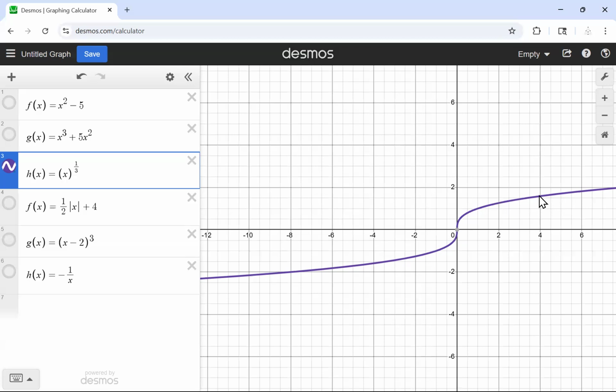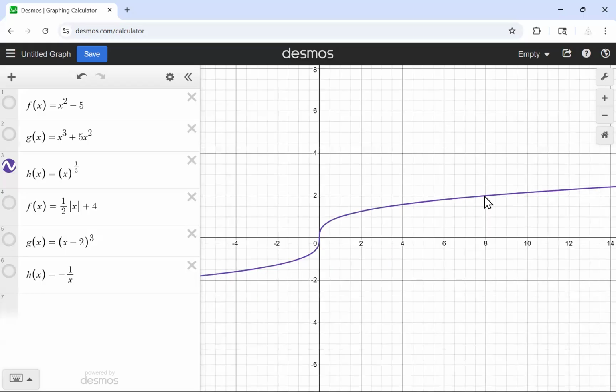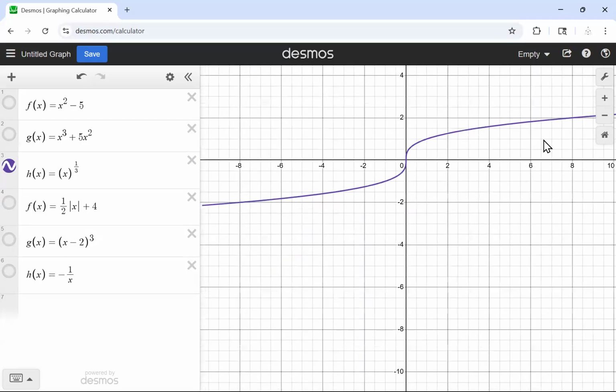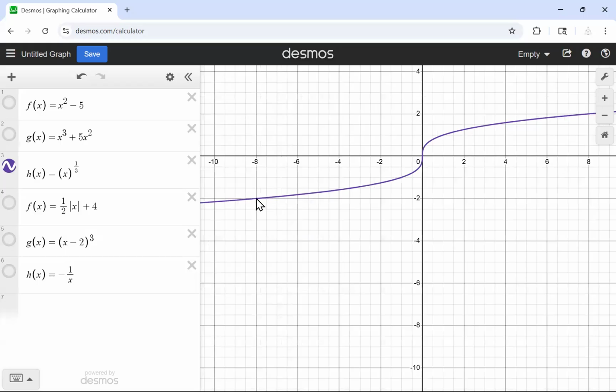If I draw a straight line through the origin and then extend that line out the same distance the other way, we hit that point. So for instance, 8, 2 should have a corresponding negative 8, negative 2. That's what it means to be odd.